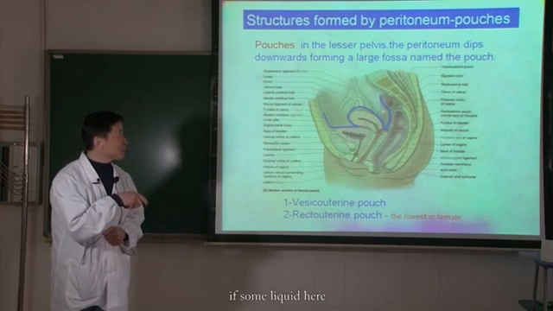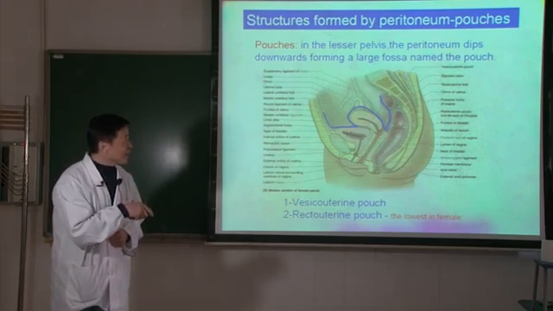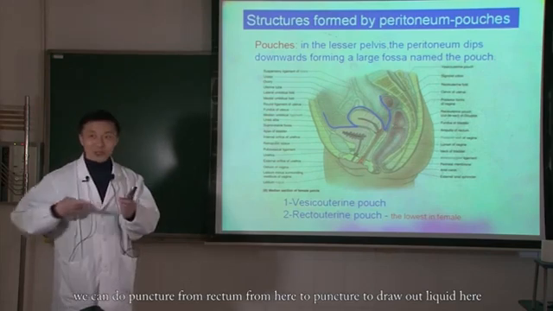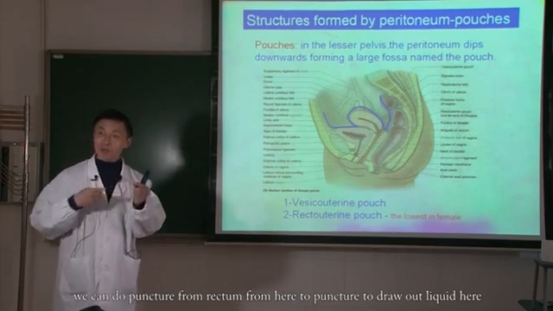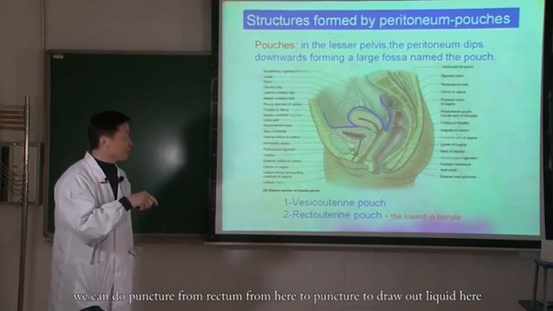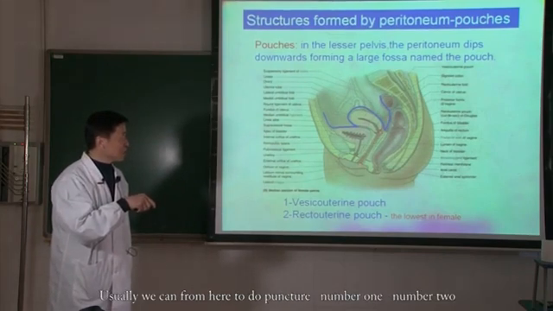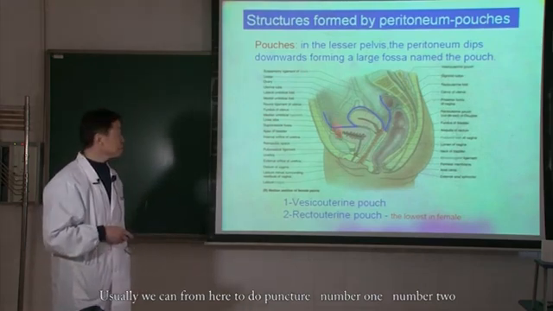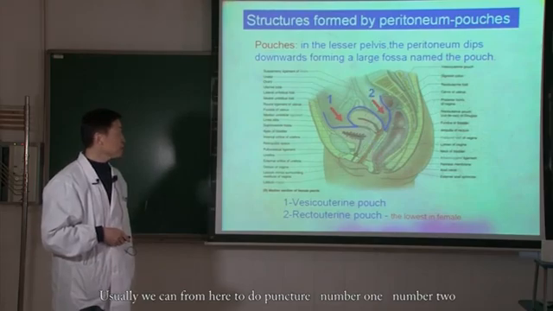If some liquid is located here, we can do a puncture from the rectum, or from here, to draw out this liquid. Usually we can do a puncture here, number one, or number two.